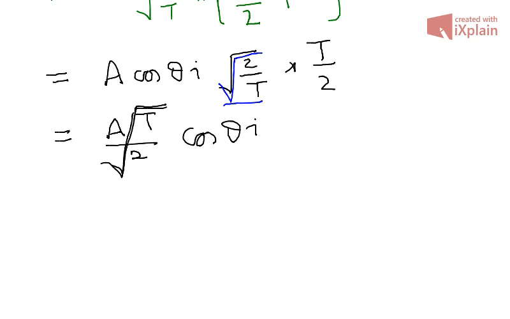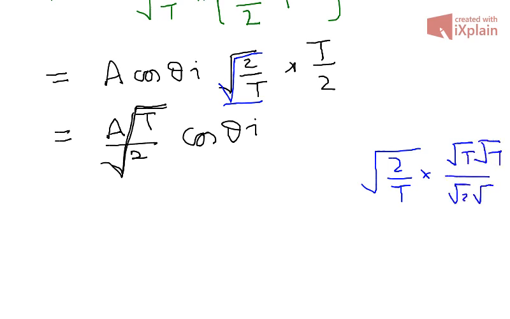So just under root T, we can write it separately here, under root 2 over T multiplied by under root T under root T under root 2 under root 2. And just rewrite this one as this one.